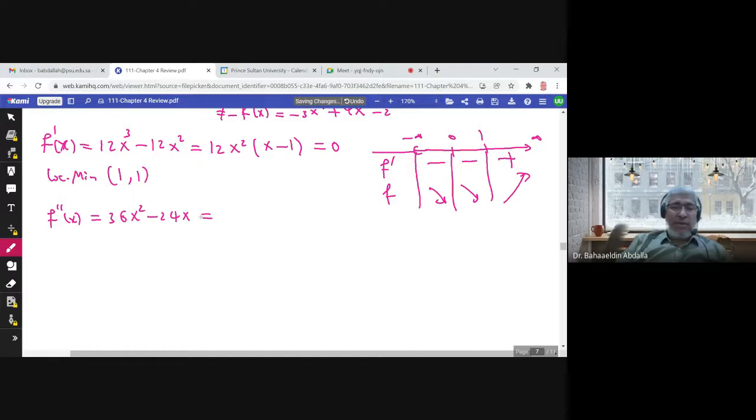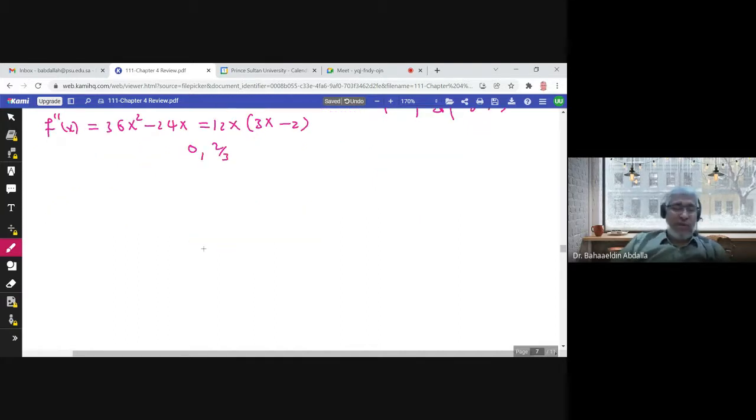Well, I can take 12x as a common factor. Then I'll have 3x minus 2. If you put it equal to 0, I have 0 and 2 over 3. These are the two zeros of f double prime.